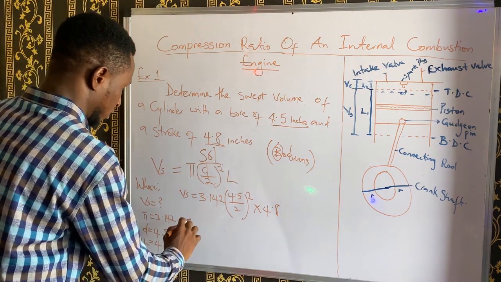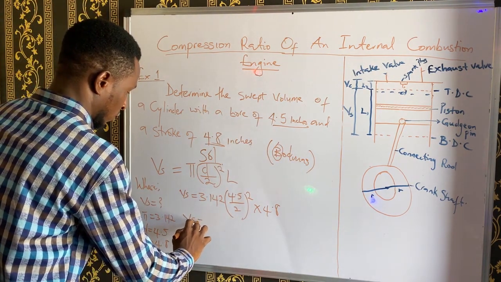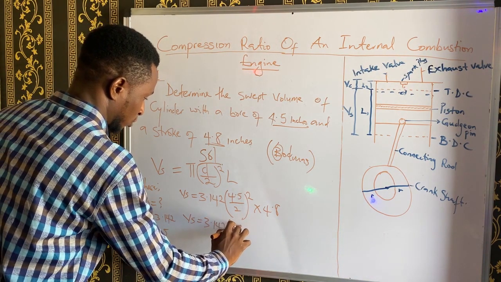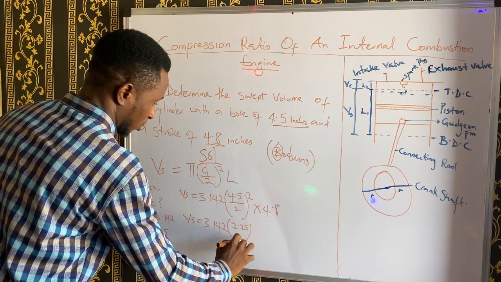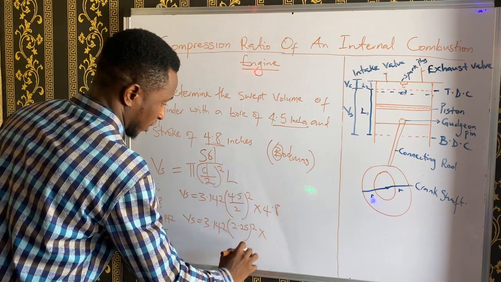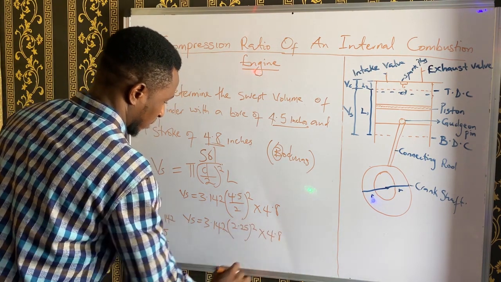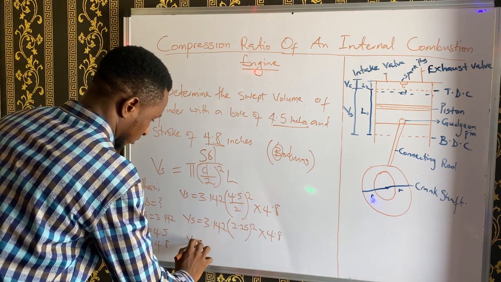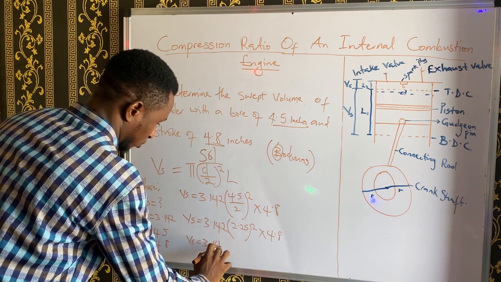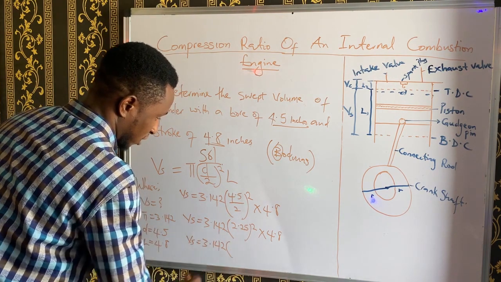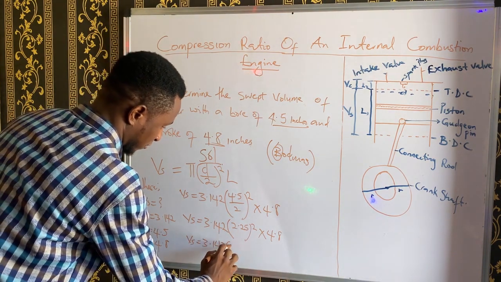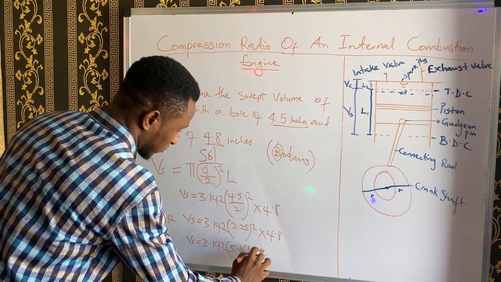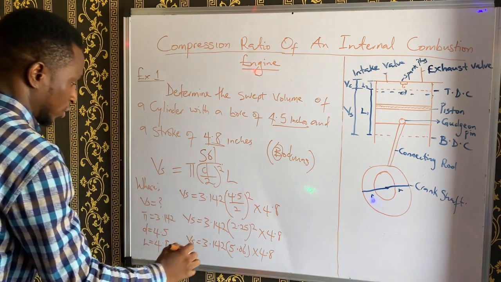So we have Vs equals 3.142 into 2.25 squared times 4.8. We are still working with the brackets. When you square this, you should have 5.06 times 4.8. So we are doing all the multiplication.